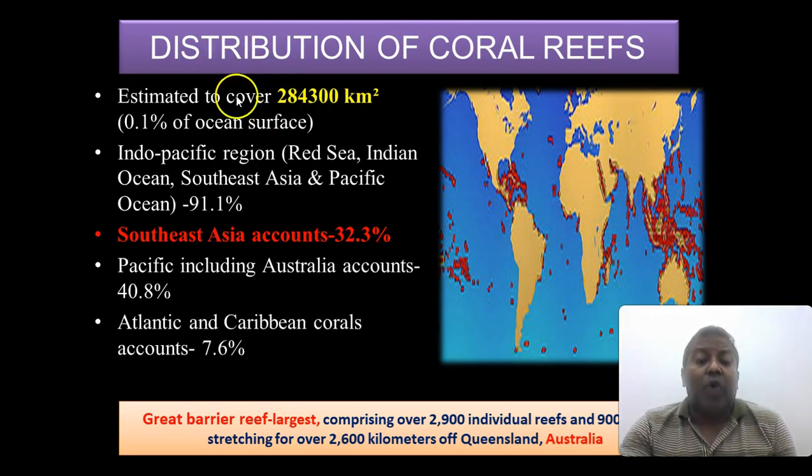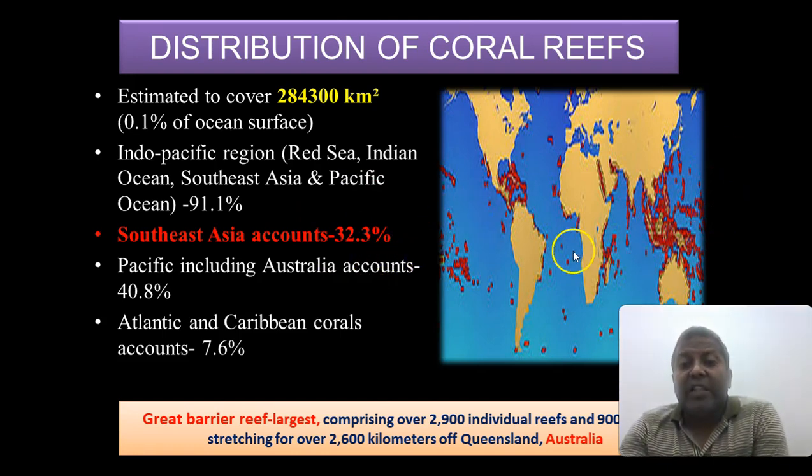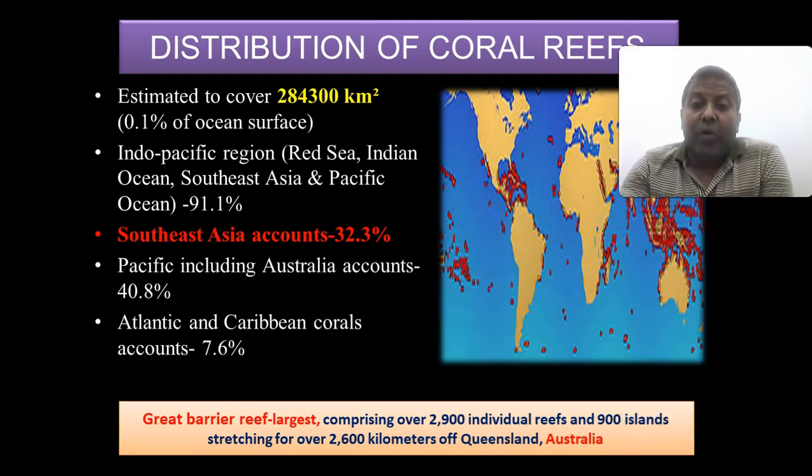The estimated area of the ocean covered by coral reef is 284,300 square kilometers, that is about 0.1% of the ocean surface. And Southeast Asia accounts for 32.3% of the total coral reef area. In this graph, you can see the corals are growing around the tropics, and the red spots are the coral reefs which are growing around various continents.